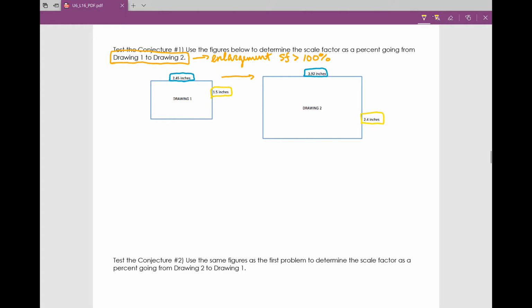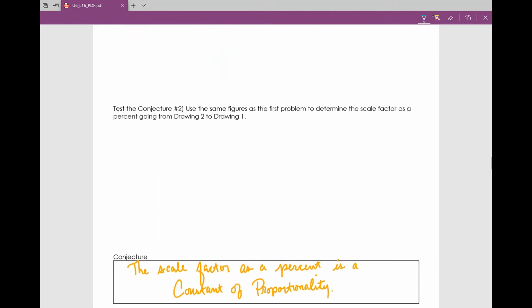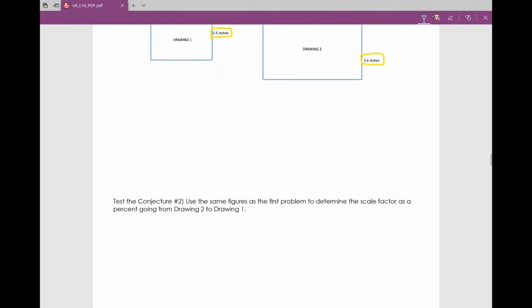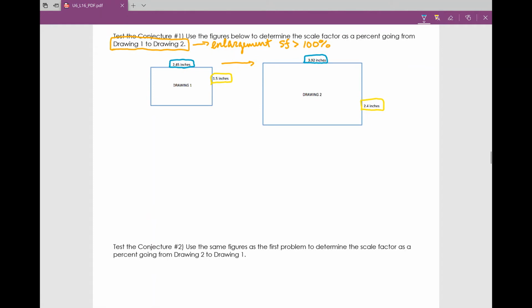Based on our conjecture, we know that the scale factor as a percent is a constant of proportionality. And we can use that formula that we derived in our think about it, which is the new figure equals our scale factor times our original figure.